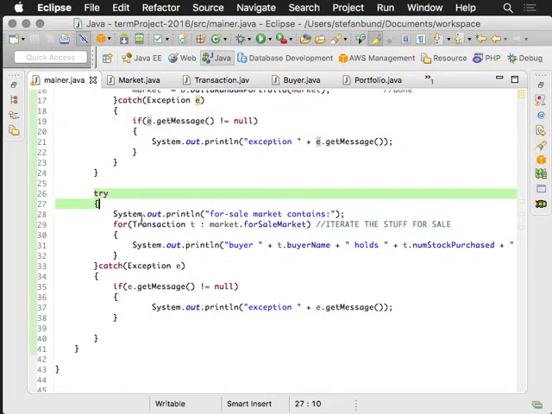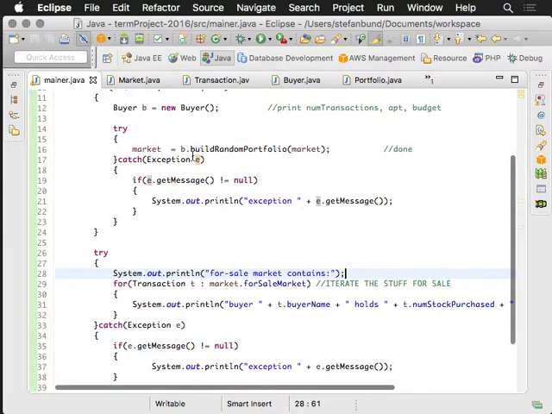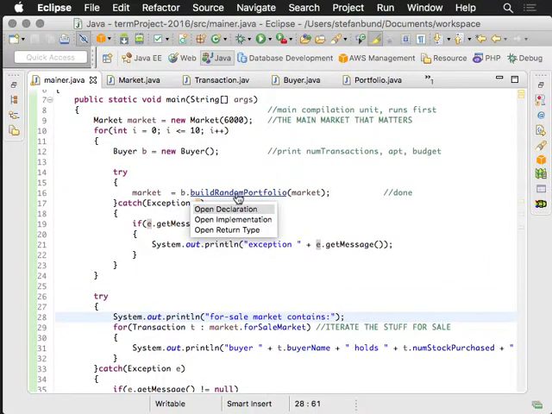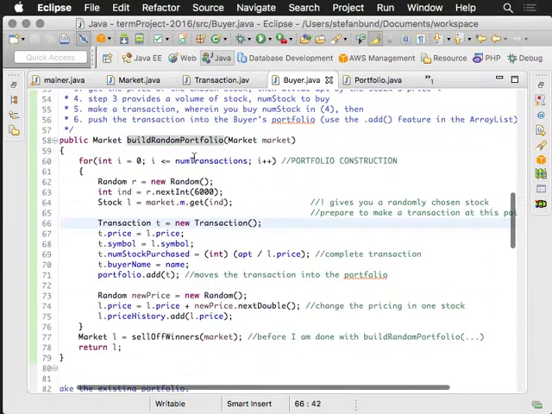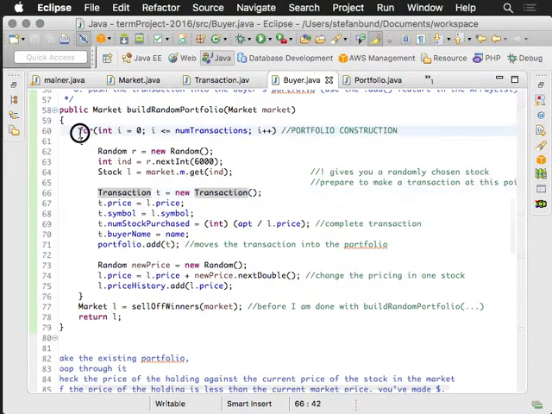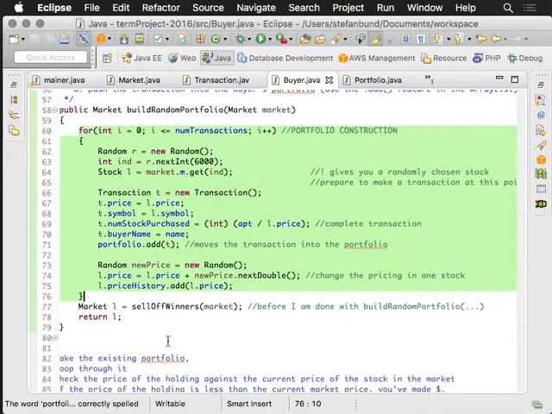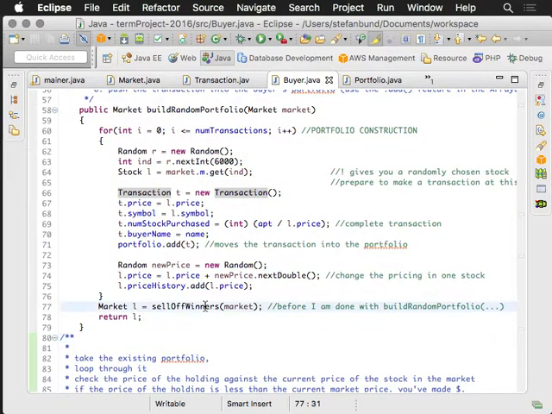We're going to say, okay, let's go look at that for sale market, and let's go into build random portfolio. That's all derived from what's happening inside build random portfolio, where you are in fact building your portfolio. But when that's finished, I want you to do a new feature called sell-off winners, which means you own a portfolio, and you've got some stocks in that portfolio that, since you've bought them, are now worth more.